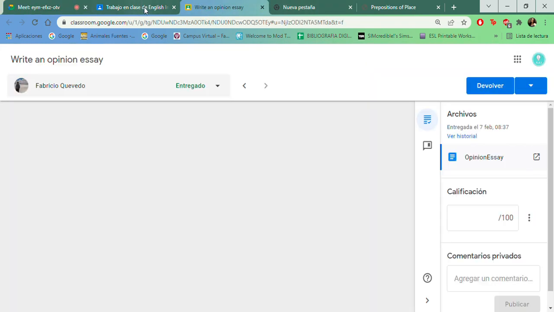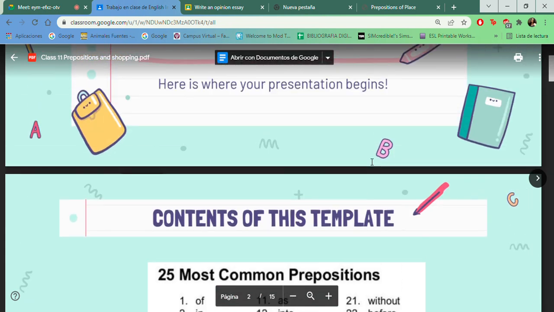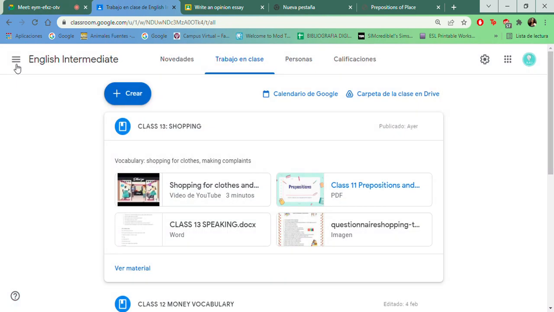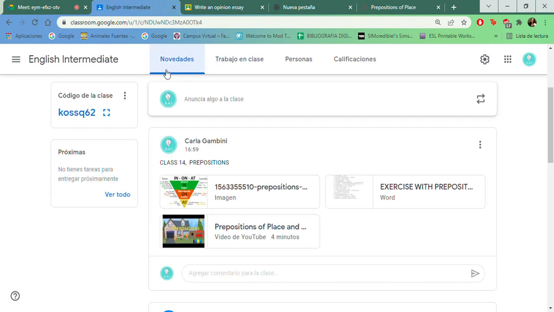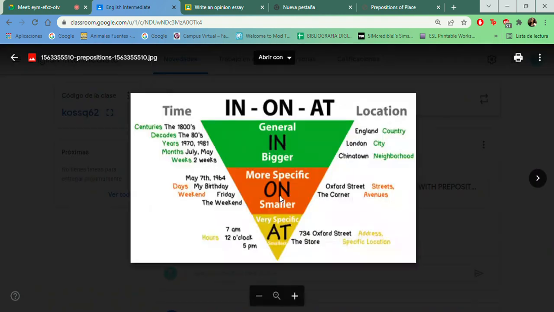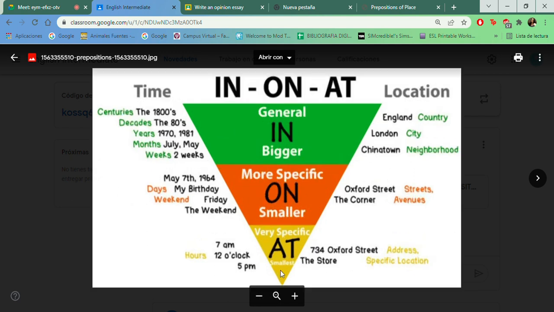Well, if we don't have any questions about the prepositions of place, let's talk about something really important. I'm going to show you something very important. Here we have in, on, at. We use them either for location, prepositions of place, or time, prepositions of time.